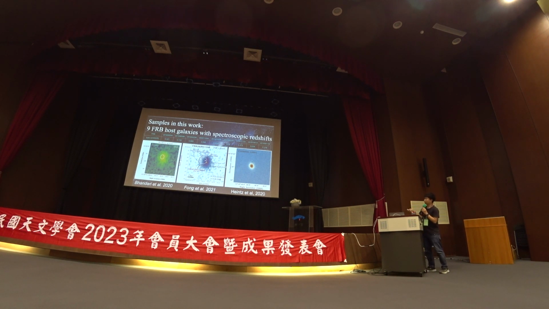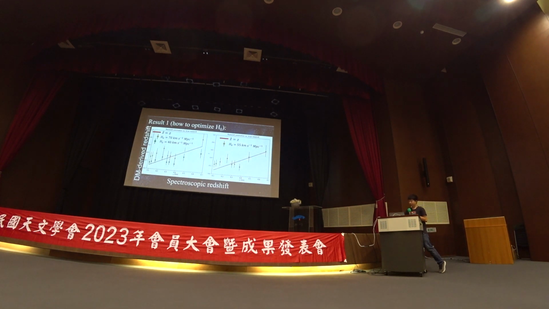This is the spec-z, the observed redshift, of the 9 FRBs. These 3 figures are 3 samples of the FRB images. And this comes to the result: how to optimize the Hubble constant.